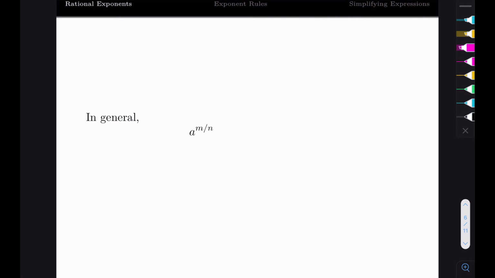But really, in general, if we have a fraction or a rational exponent, so we have an integer over an integer, you can write it as the nth root and then raise to the mth power. Or you can do the power on the inside, but still that denominator is going to indicate what the index is.